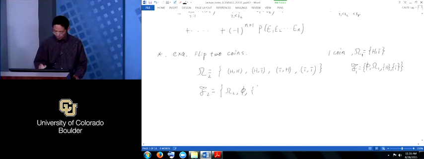And should also include this guy, right? This is the event that the first coin is head, the second coin is head. We should be able to talk about this event, right? So, how many possibilities are there? 2 to the 4.